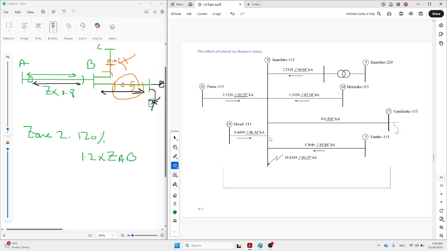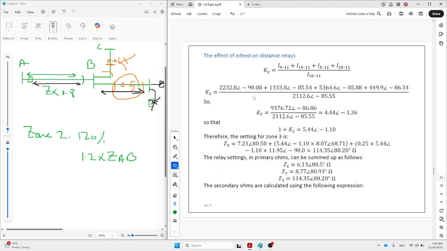Okay, so which current feeding? Okay, this is the relay. So this one coming, this one also coming, this one also coming, and this one also coming. Going to this point over this, and this is the value, and the in-feed is calculated. Then K2 calculated, assume equal to K3.